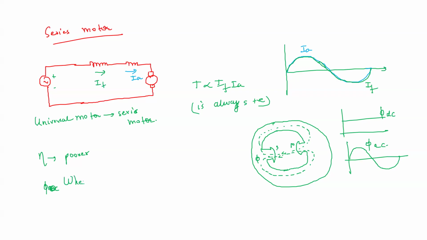When a DC supply was given, eddy current and hysteresis losses were very less in the stator.